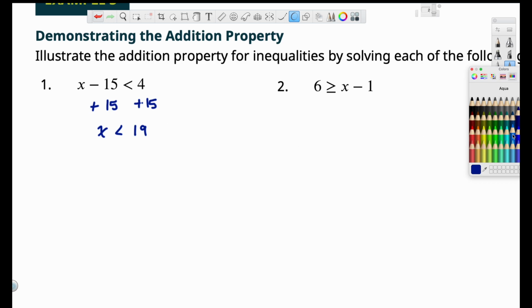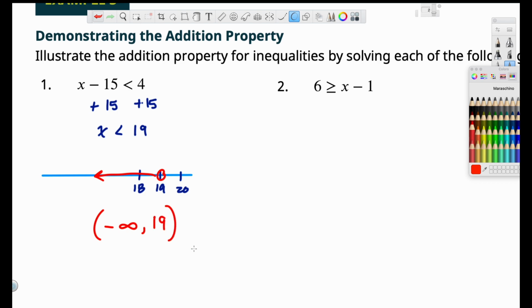So on our number line here, we would be at 18, 19, 20, with an open circle, shading everything down to the left. The way I would write that in interval notation is negative infinity to 19, and it's not including, so that would be parentheses.